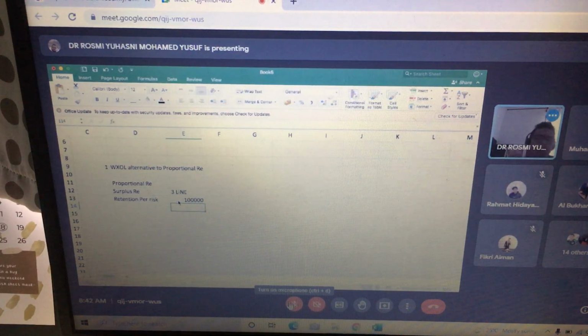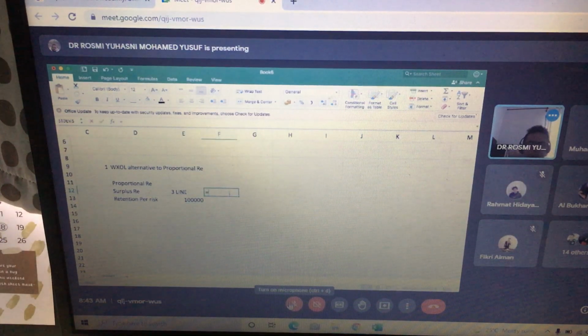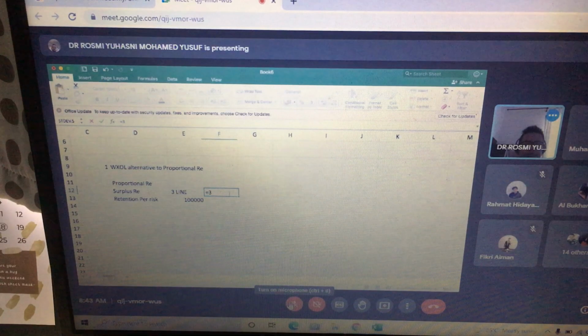Okay. Katakanlah, let's say, insurer arranges proportional reinsurance, which is surplus re having 3 line capacity. 3 line capacity meaning that the line is equal to how much? 3 times the retention per risk of the insurer, 100,000.